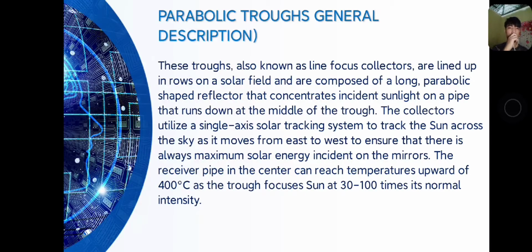The collectors utilize a single-axis solar tracking system to track the sun across the sky as it moves from east to west to ensure that there is always maximum solar energy incidence on the mirrors. The receiver pipe in the center can reach temperatures upward of 400 degrees centigrade as the trough focuses the sun at 30 to 100 times its normal intensity.